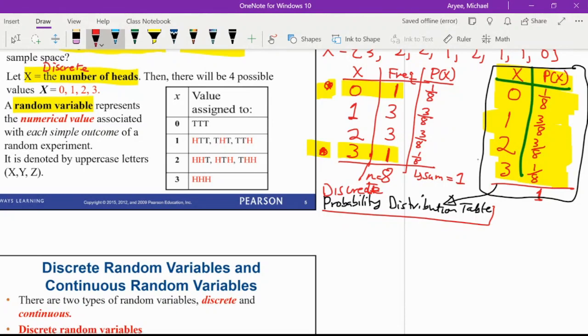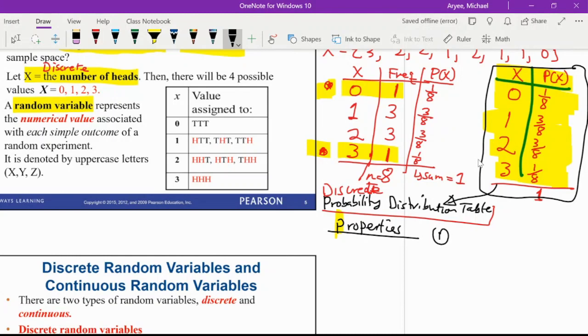Now, when you have a discrete probability distribution, or a probability distribution table, two things must be true. Let me call those properties. Properties of something means what must be true of that thing.